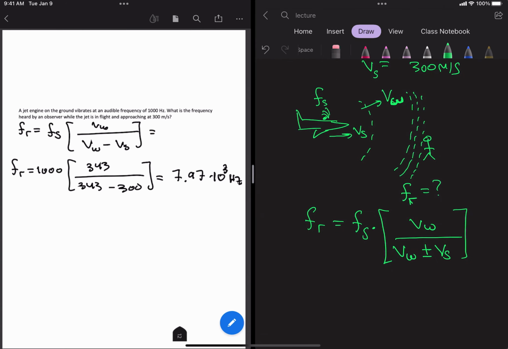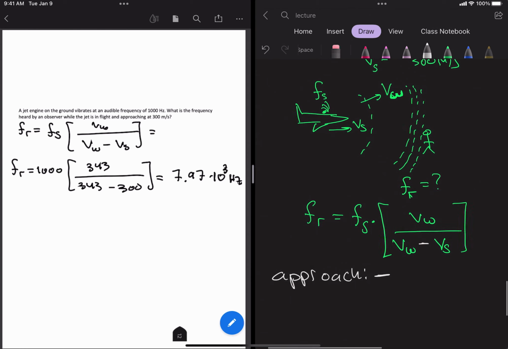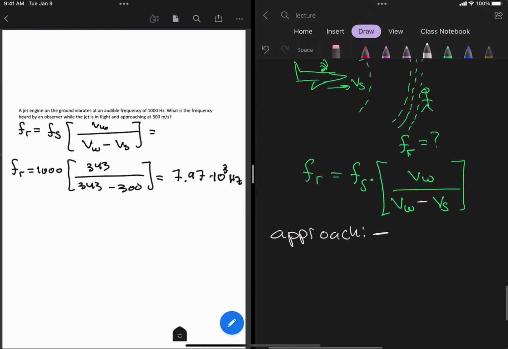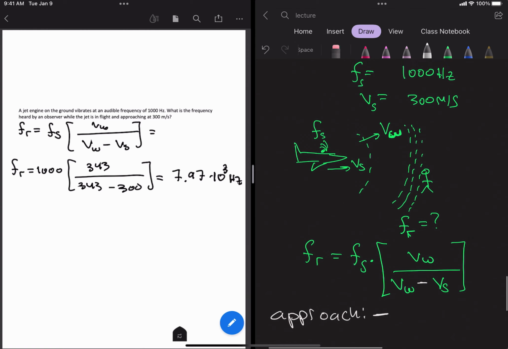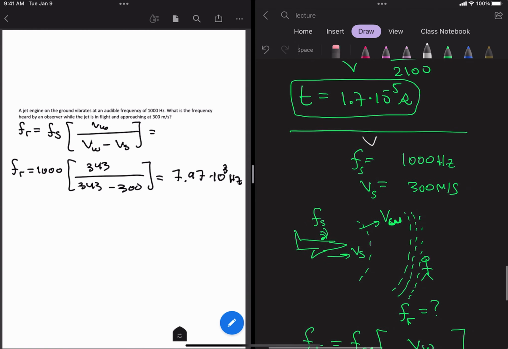And specifically for this word problem, it says that it's approaching, and because of that, we're going to pick the minus sign. And from there we can plug in. There's also one more thing here, velocity of the wave. That's the velocity of sound. So here we're going to assume that the velocity of sound is 343 meters per second.